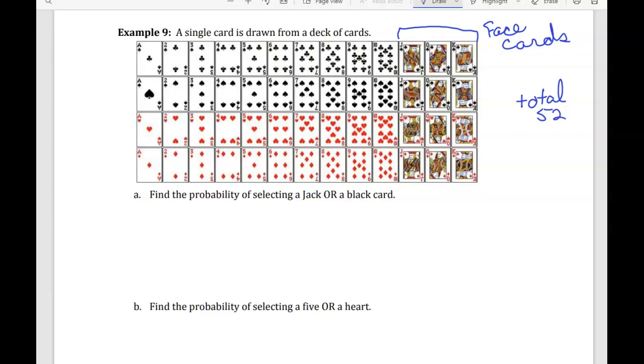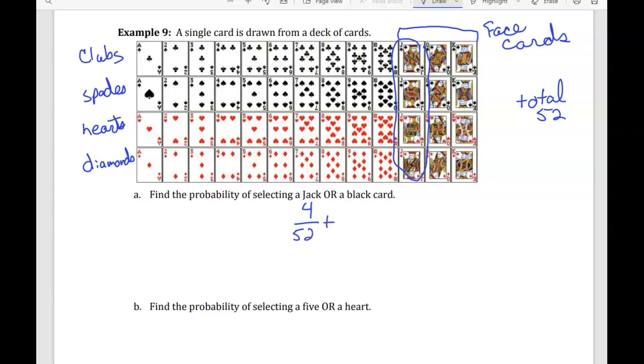We have the clubs, the spades, the hearts, and the diamonds, for those of you that are not familiar with your deck of cards. So the probability of selecting a jack, that would be these guys right here. So there are 4 out of 52 cards here.